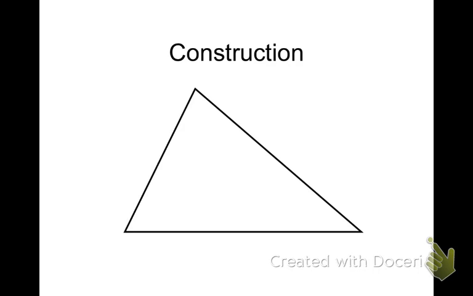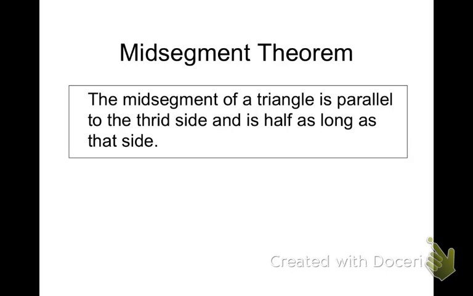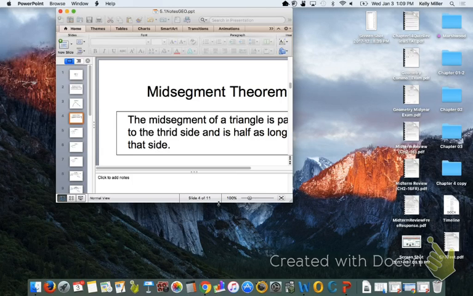So this is what the mid-segment theorem states. Move down to this box. The mid-segment of a triangle is parallel to the third side. Oh goodness, look how I have third spelled.